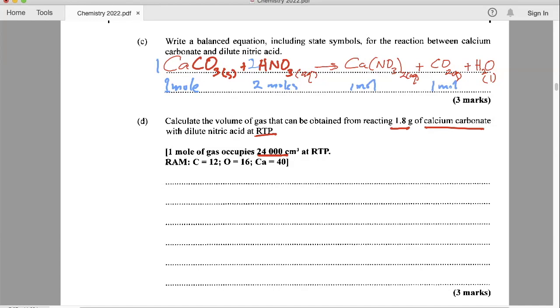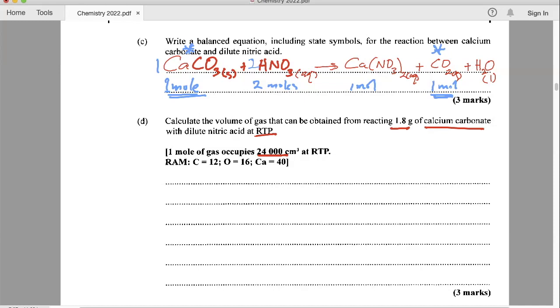So we're concerned about calcium carbonate and volume of gas. So we know that for every 1 mole of calcium carbonate, we end up with 1 mole of carbon dioxide, which has a volume of 24,000 cm³ at RTP. So for the first mark, we could write a statement that says 1 mole of calcium carbonate produces 1 mole of carbon dioxide. Better yet, we need to find the molar mass first.